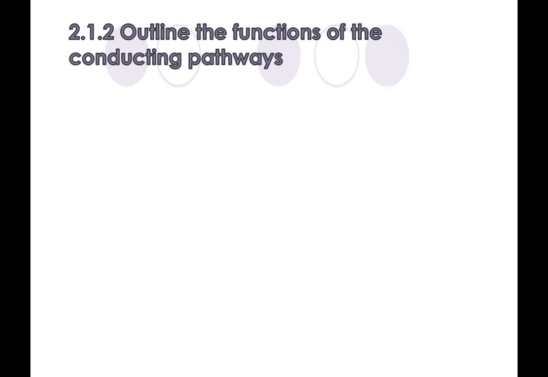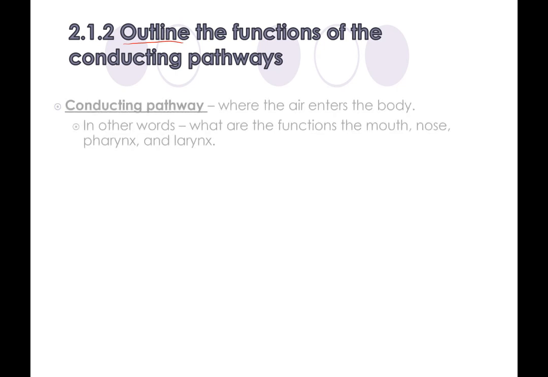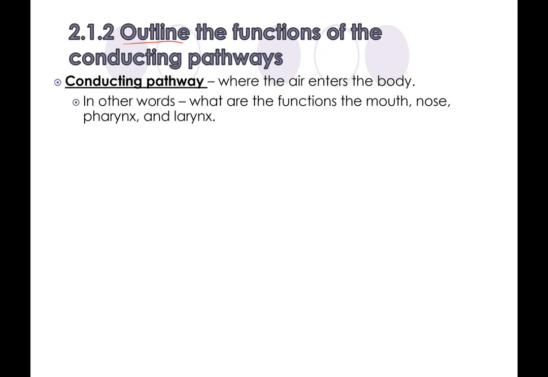Now let's talk about the functions of the conducting pathways. When we say outline, remember what we're looking at is basically listing the general idea or steps. The conducting pathways are where air enters the body.